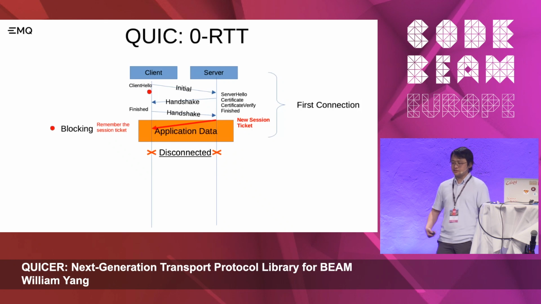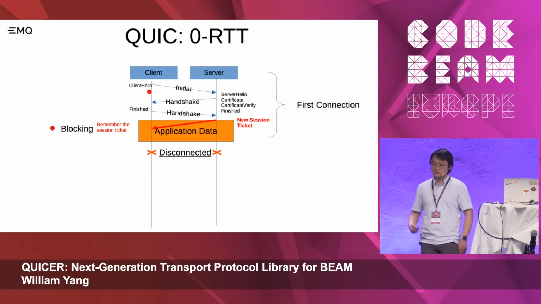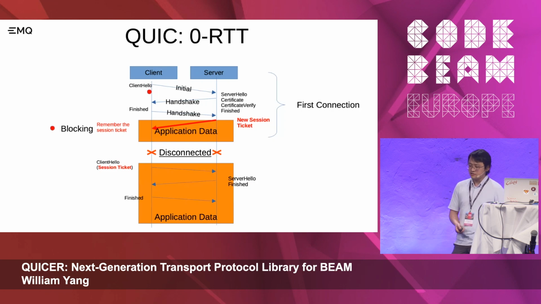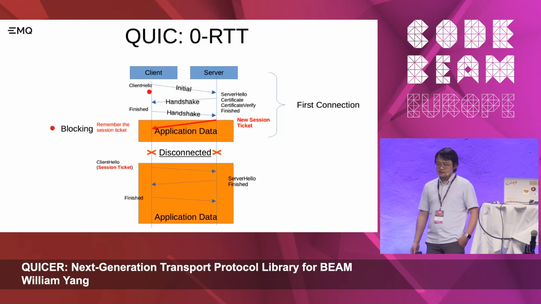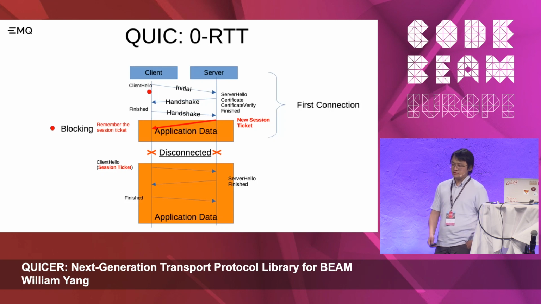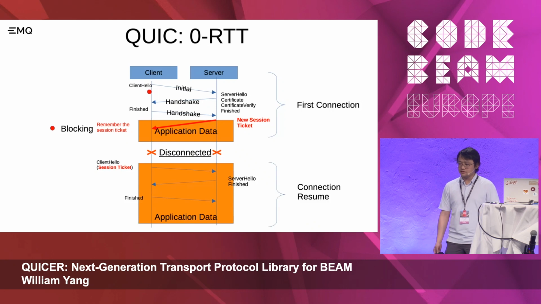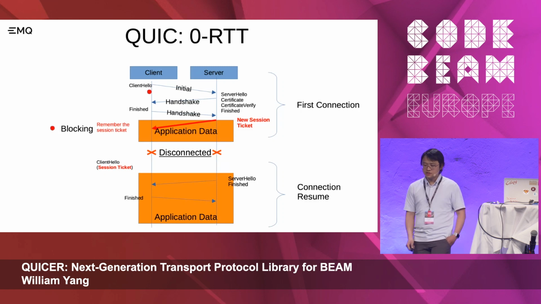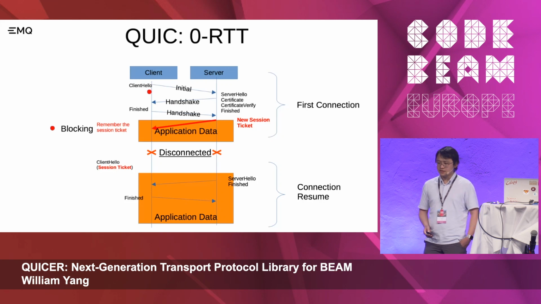If the connection is disconnected due to idling or something, the client can just reuse this session ticket, and especially in the first message sent, it can contain early application data. So they call it zero RTT because there's no handshake, no blocking needed. Oh, sorry. We call it connection resume, but in the QUIC protocol, it's actually a new connection just with an older session ticket.